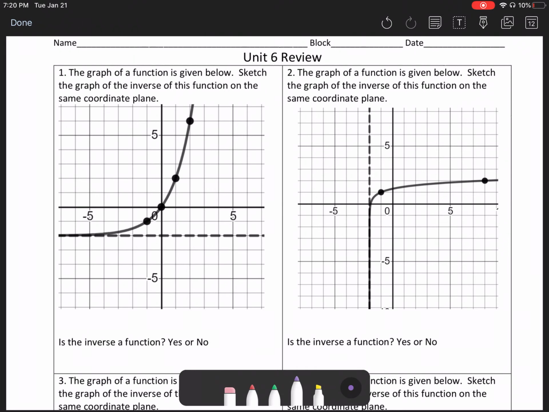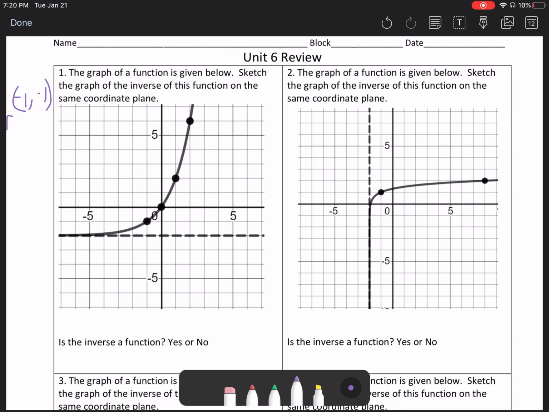Okay, so we're going to find the inverse of our functions here. I look at my original graph, and all you have to do is switch your x and your y. So for my first function, I look at my points. I have -1, -1.